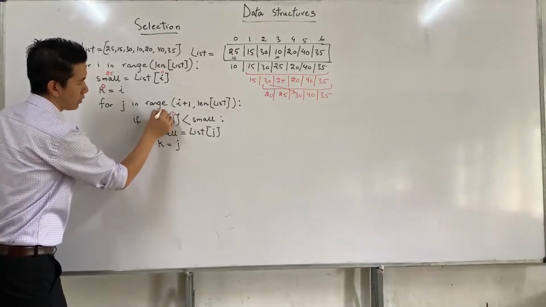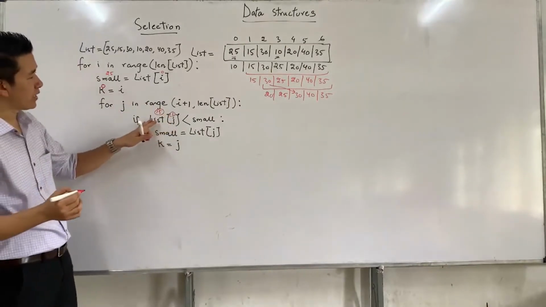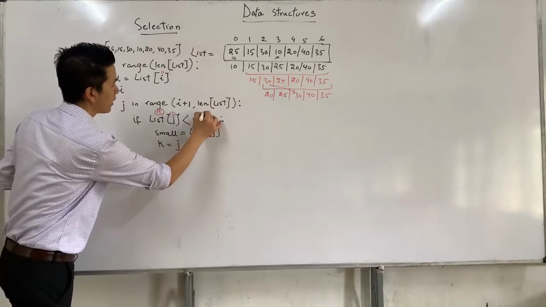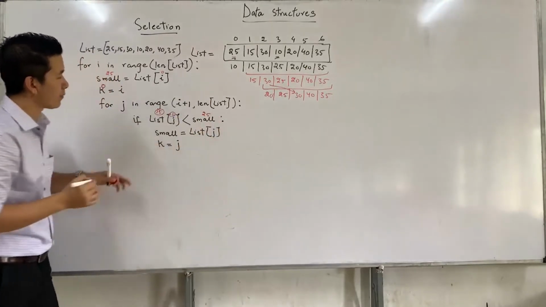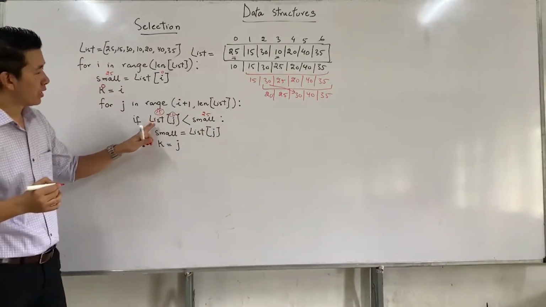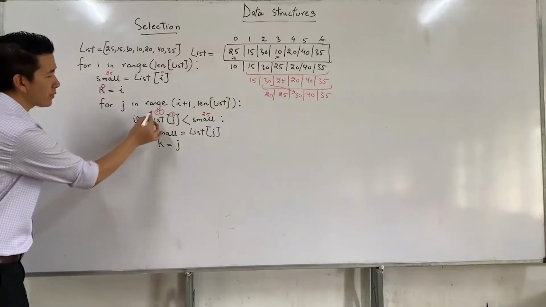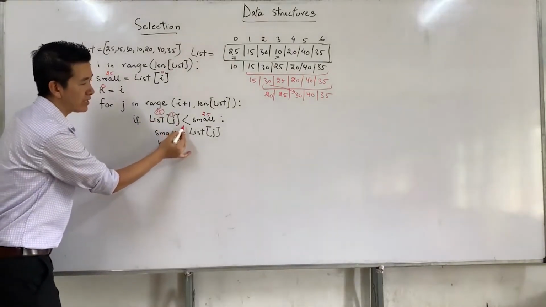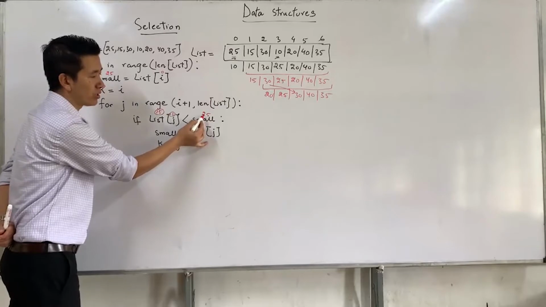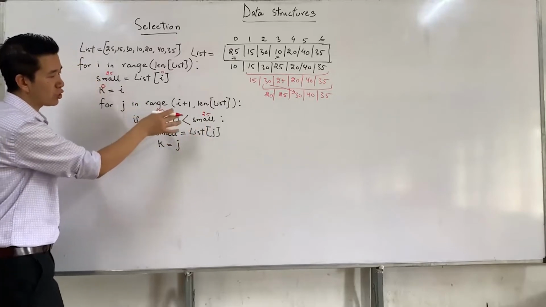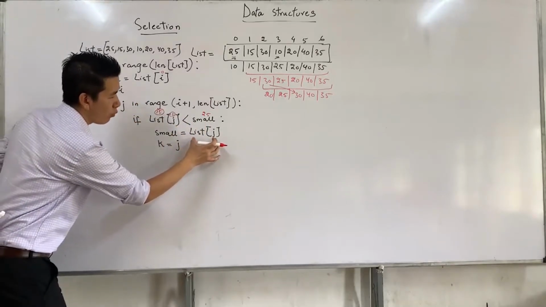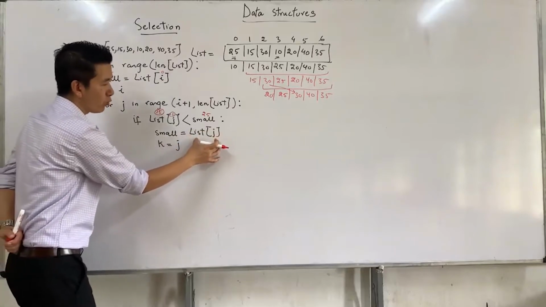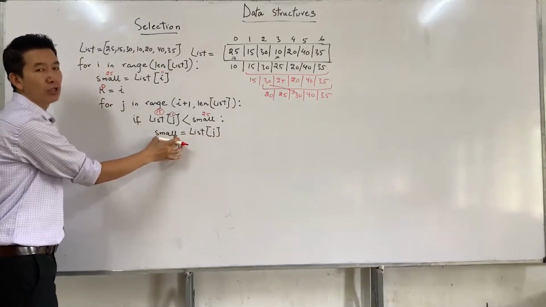Okay. So list of 1 means you are referring to 15. You have list of 1 as 15, and then the value of small being 25. If the condition is true, list of 1 which is 15 is indeed less than small which is 25. If this condition is true, the list of 1 which is 15 will become the new value of small.